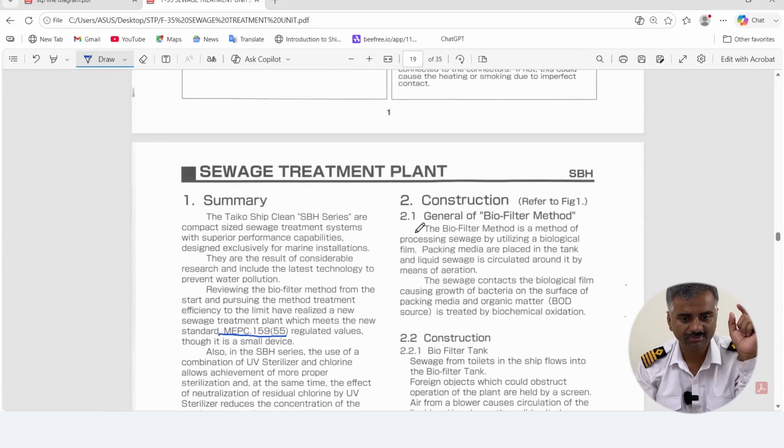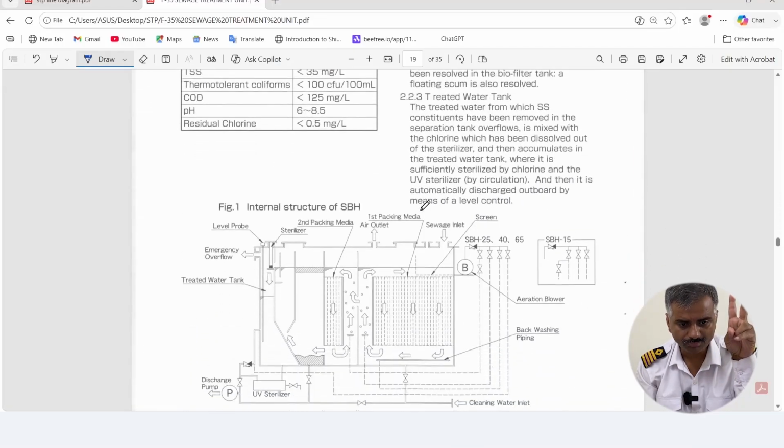In this kind of Tyco SBH series, you have two disinfectant mediums. One is, here you can see, the sterilizer. This is basically a chlorine chamber, which is for the first sterilization, and the second is a UV lamp. We know that UV, ultraviolet rays, kills the dangerous harmful bacteria, and then the sewage becomes treated.